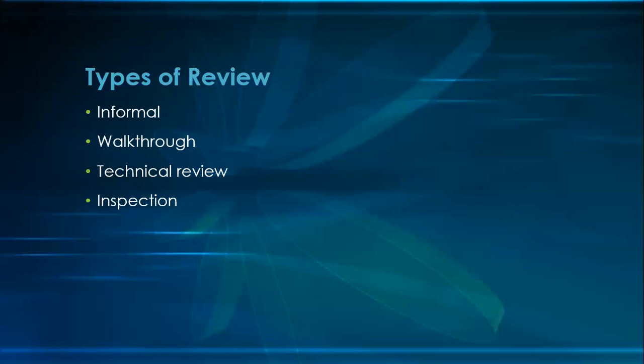At the inspection, we invite specialists, people that can be drafted in to do the inspection. They have their specialty and expertise in different areas. They can inspect whatever document, whatever application, whatever project you're working on. So these are the types of review.